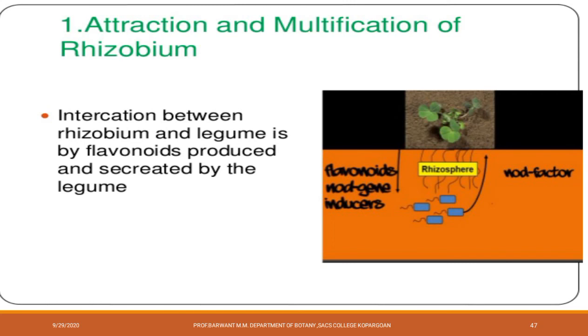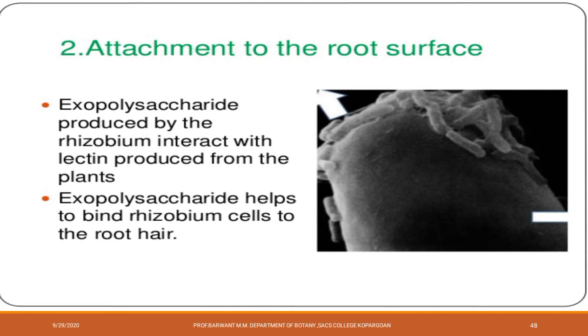That is the first step, attraction of the rhizobium. Flavonoids are produced at the root and secreted by the legume plant, so the root hairs become attracted to the rhizobium. Then comes attachment to the surface.